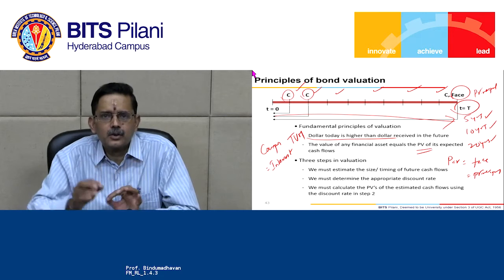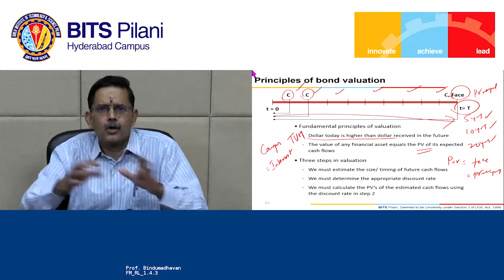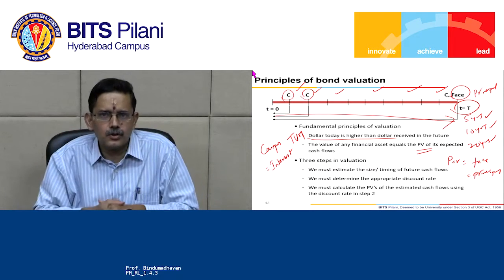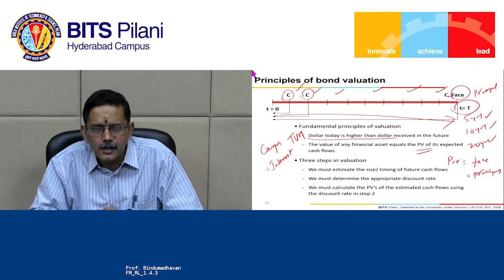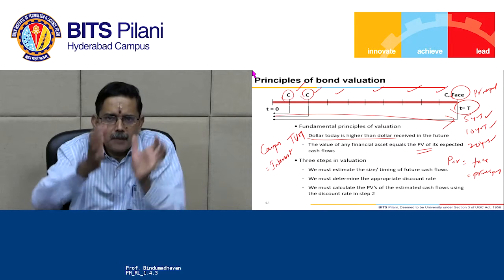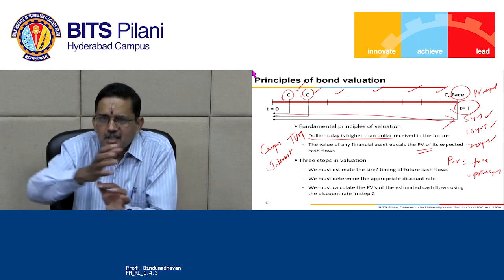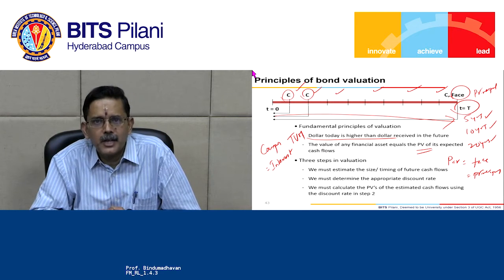This is the most important concept in all of finance. If you pass this course, one thing you should definitely remember is that the present value or the market value of any asset is equal to the present value of the forecasted cash flows from that asset. That is how we should value any asset.